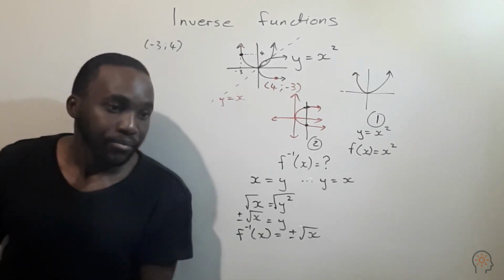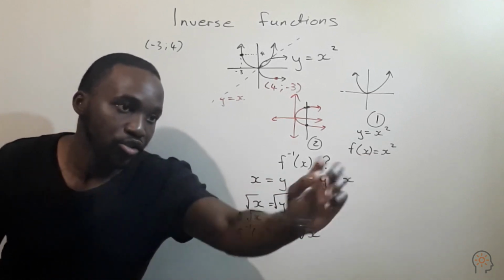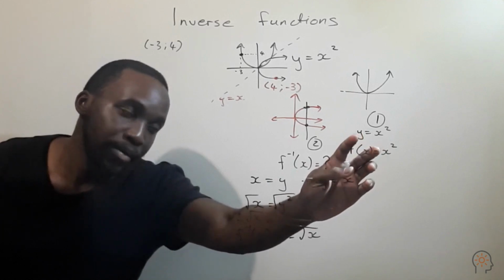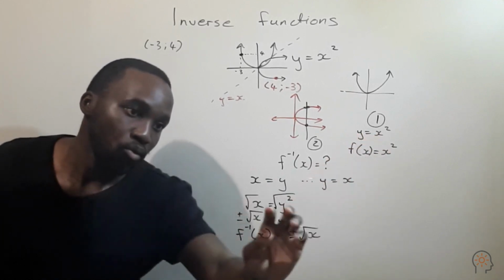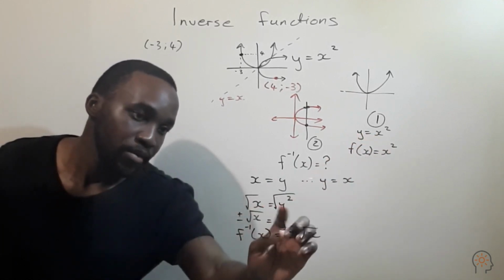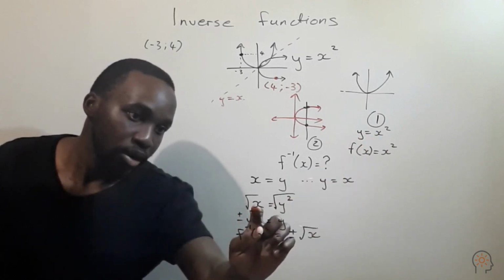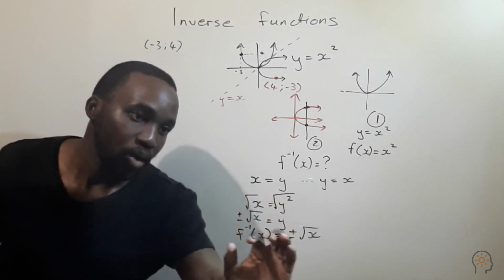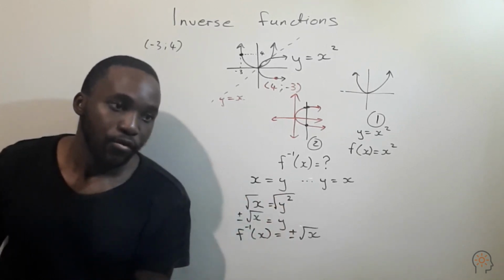And hence why, again, when you get the equation of the inverse from an original graph, all you do is y becomes x, x becomes y, right? Like what we did there. Where y was, we threw x in there. Where x is, we threw y in there. And then we just made y the subject of the formula.